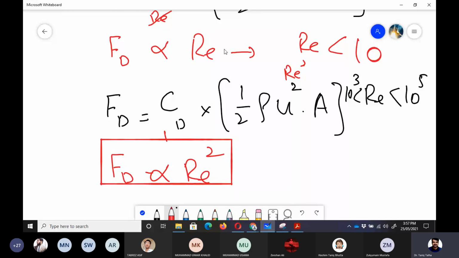At low Reynolds number it was only proportional to Reynolds number linearly, but here it is proportional to Reynolds number square. What does it mean actually?